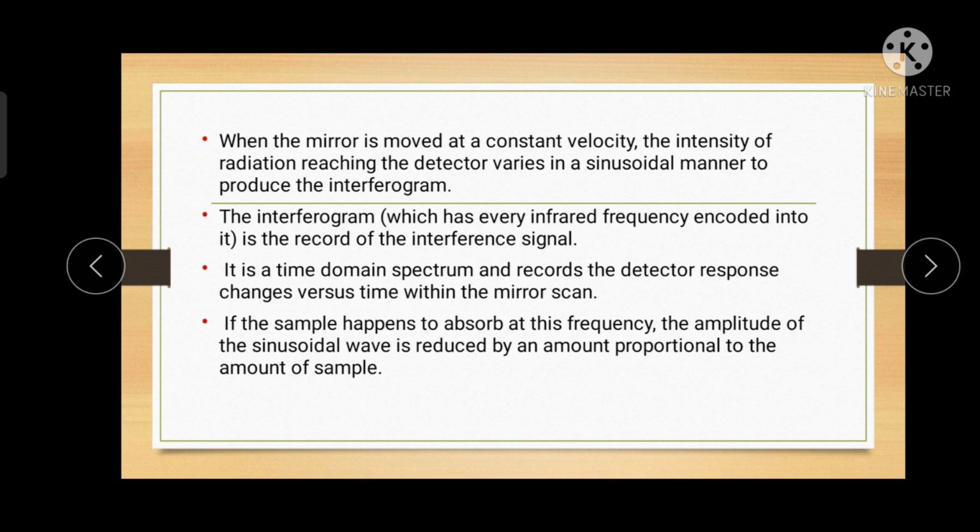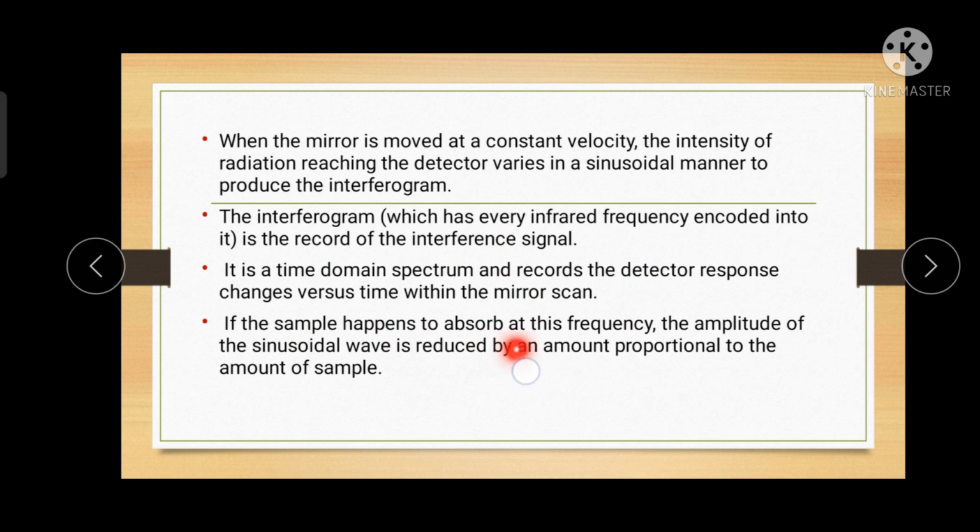That means with the mirror scan, we are able to convert the time domain spectrum into the corresponding frequency domain, and the recorder records the signal and the response changes versus time. That means we are able to detect the signal with respect to time within the mirror scan.